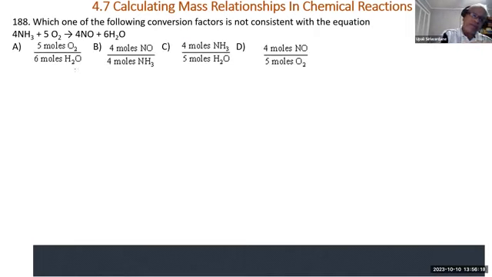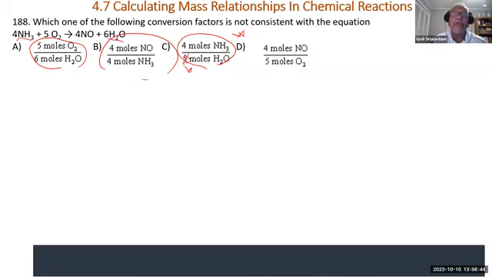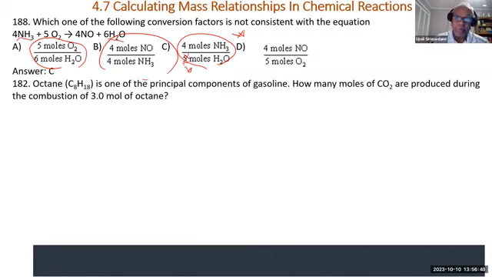These are the conversion factors using mole relationships. Out of these, this one is not correct. I checked that out before. There's a 6 here between ammonia and water. There should be not 5, 6. Therefore, the choice not consistent with the equation is choice C.